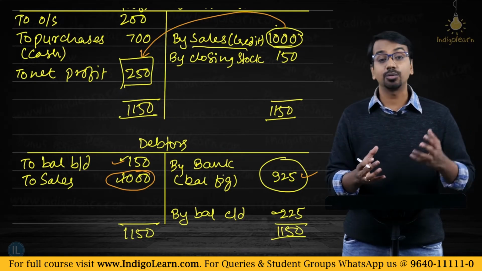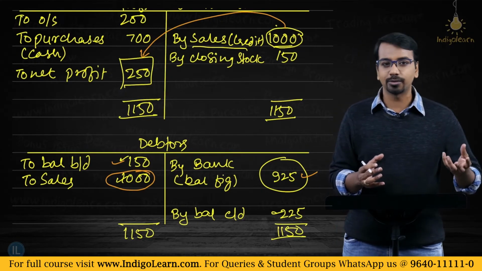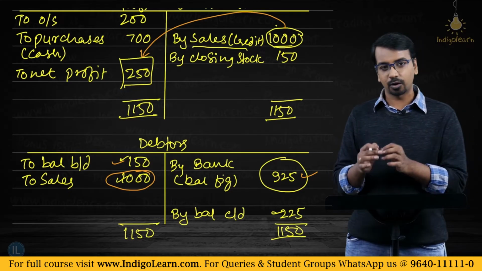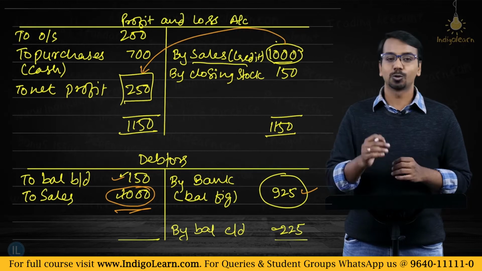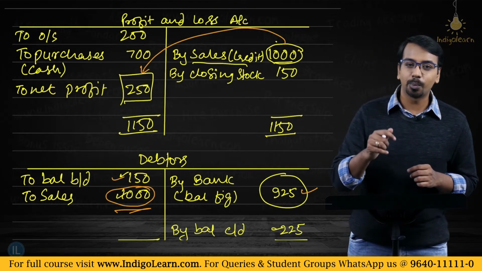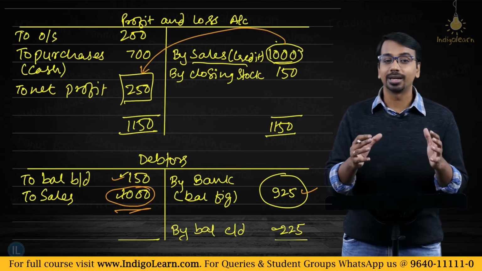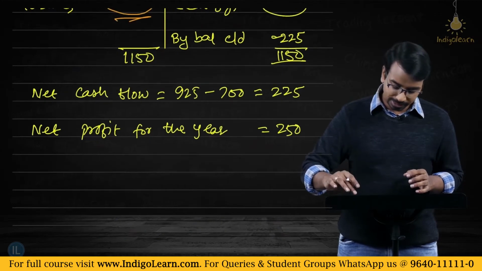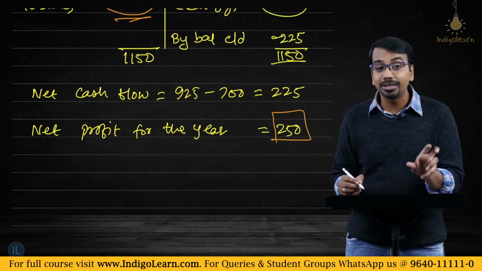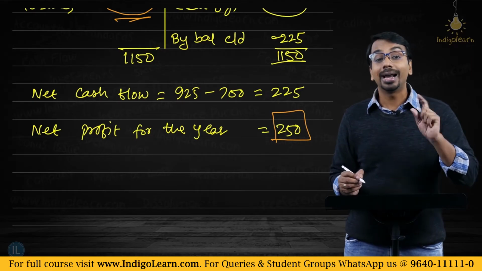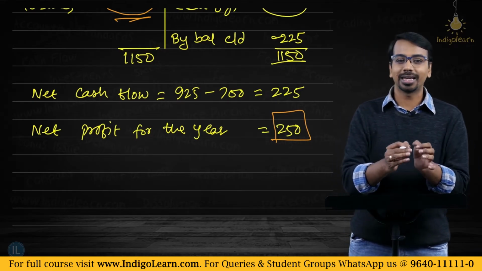Now there could be a scenario in some cases where we collect more than what we have sold because there is some opening balance, but for now we can comfortably say that this 1000 has not been collected in full. So the amount that has gone into the computation of net profit has not been realized in full. So if I look at this net profit, this is not fully in cash. I have to do some adjustments to arrive at the cash flow.